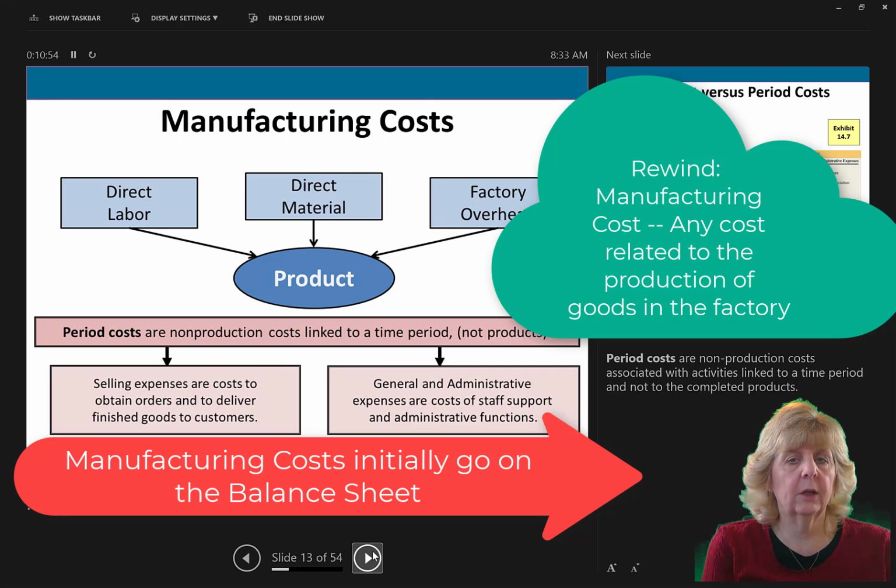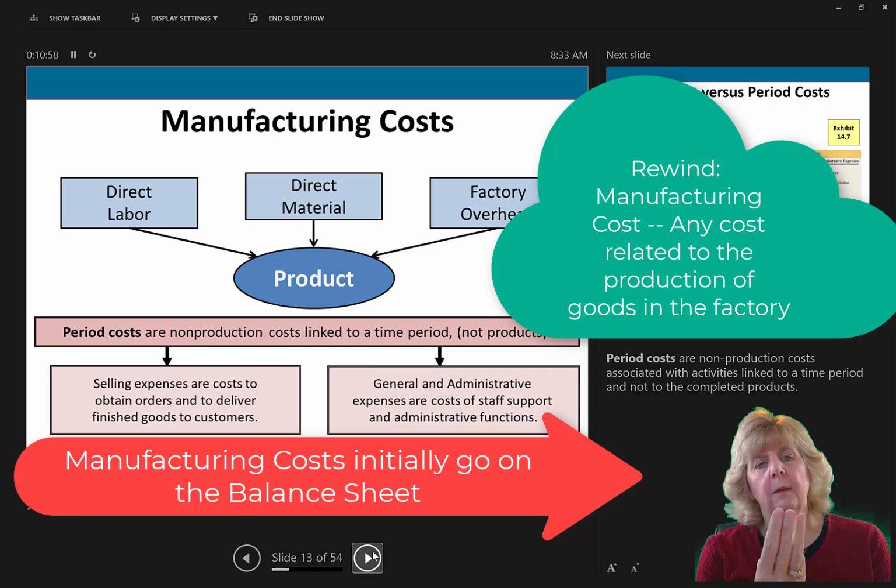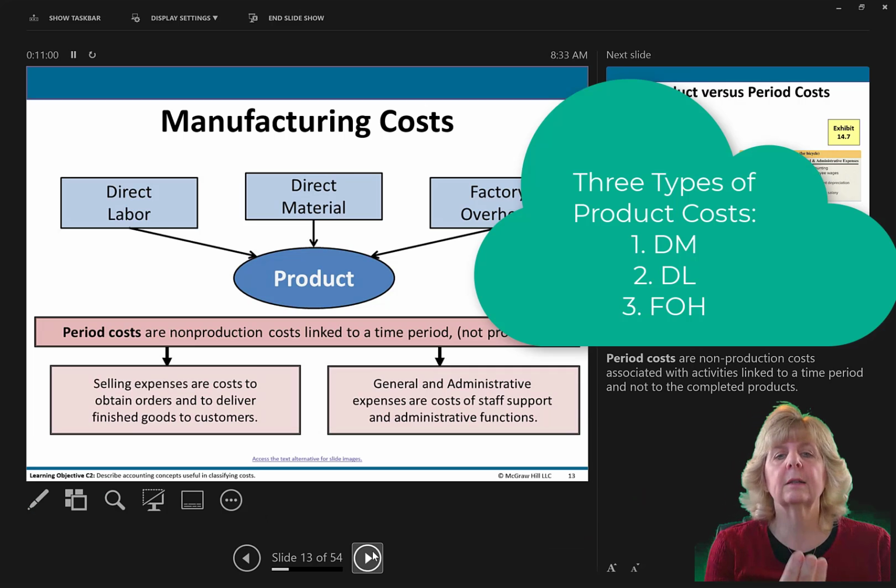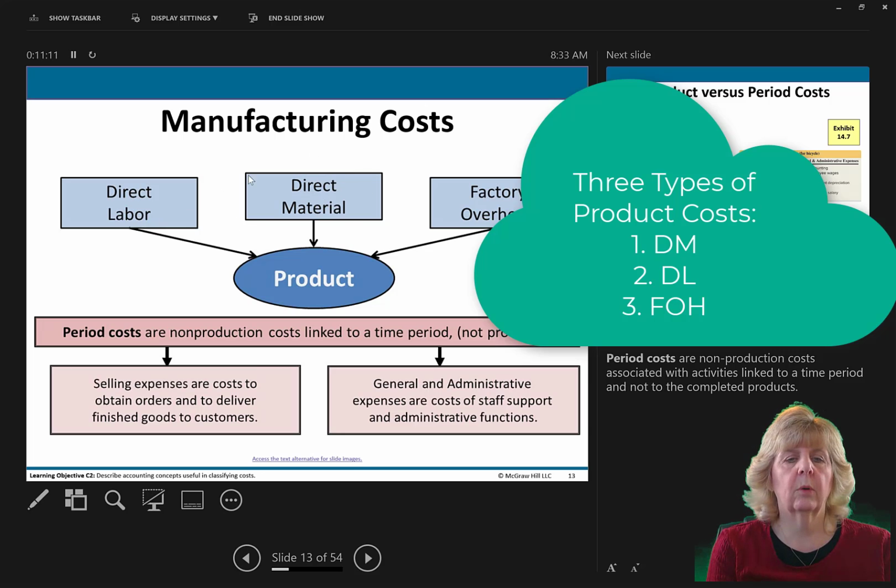You'll see how later when we work through the exercises. There are 3 types of manufacturing costs. This is a critical concept that you get out of this chapter. The 3 costs are direct materials, direct labor, and factory overhead.